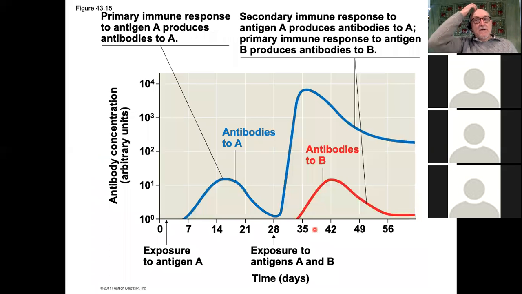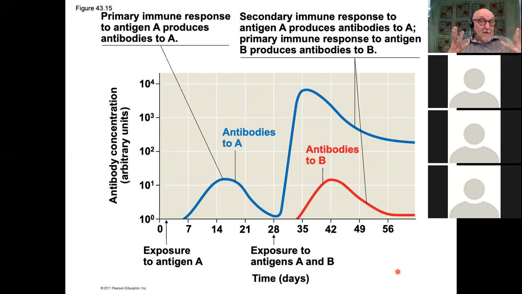Okay, let me use this diagram to actually explain this. And this should also give you a good idea about how vaccination works. Because in vaccination, what we're doing is we're manipulating the immune system. We're giving the immune system a relatively harmless initial exposure to an antigen, inducing the adaptive immune system and getting it to produce memory cells.